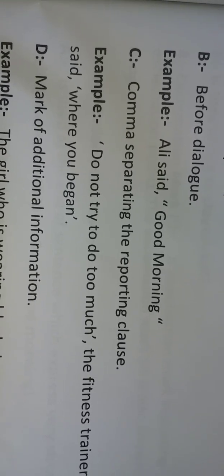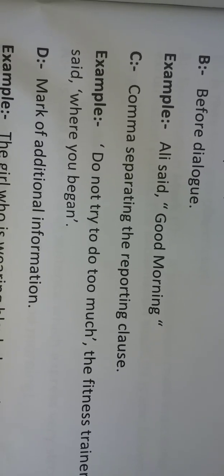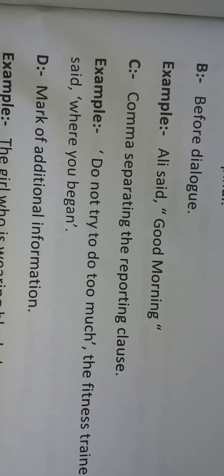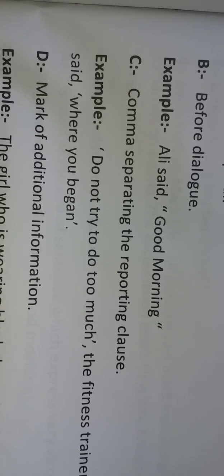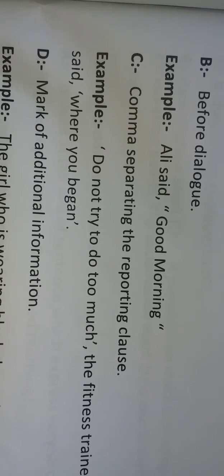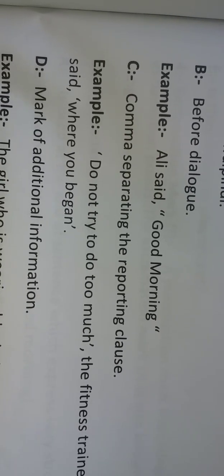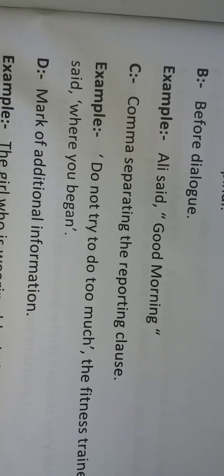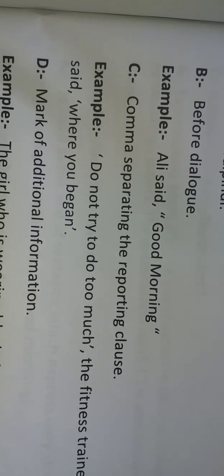Do not try to do too much, the fitness trainer said, where you begin. In this sentence, the first part is said by the fitness trainer, and where you begin is also said by the trainer, so we put commas before starting a dialogue.